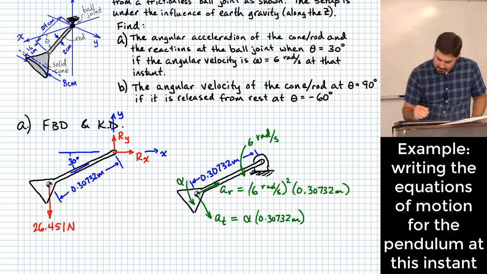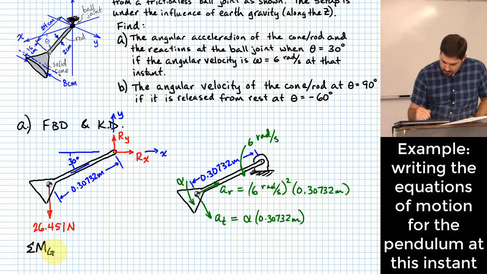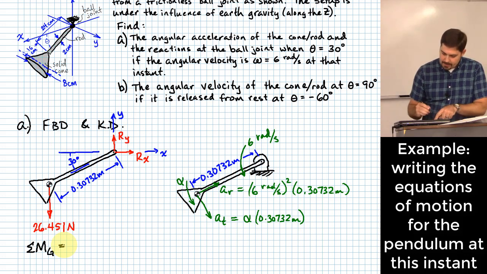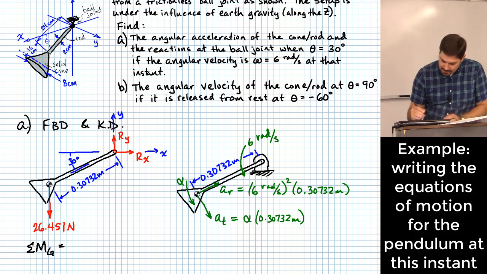So we sum moments, and we're going to actually sum moments around the center of gravity. Okay, so what I have there is Ry. Actually, let me start with Rx. Rx tends to rotate the body what direction around the center of gravity? Clockwise or counterclockwise? Okay, it's pulling to the right at a location that's above the CG, which will tend to make it try to rotate clockwise. So I'm going to take this and set it to a negative.